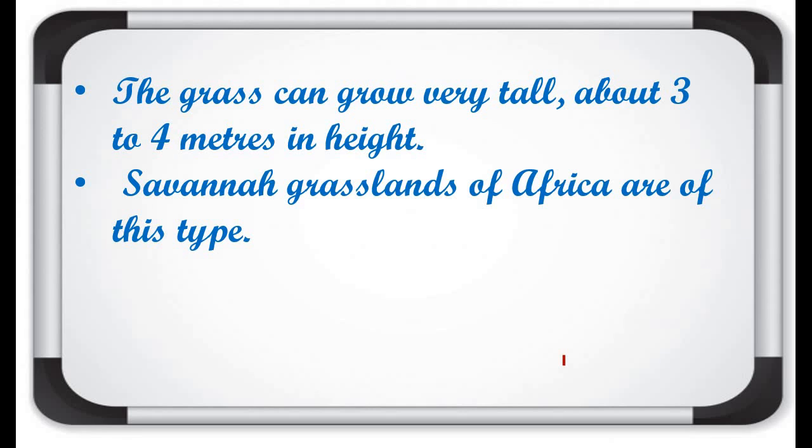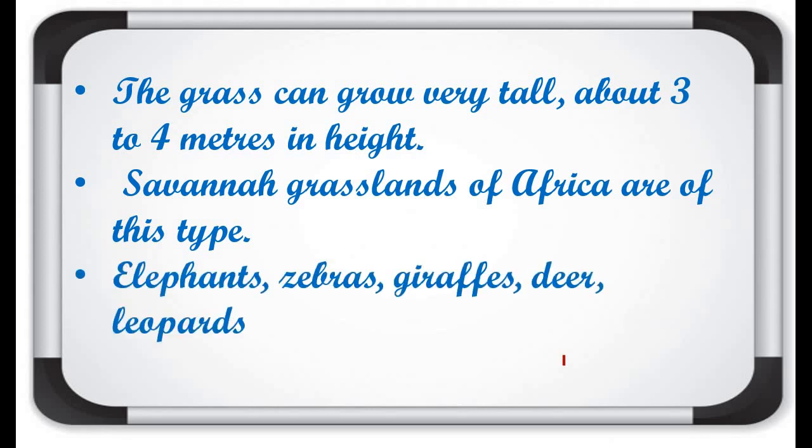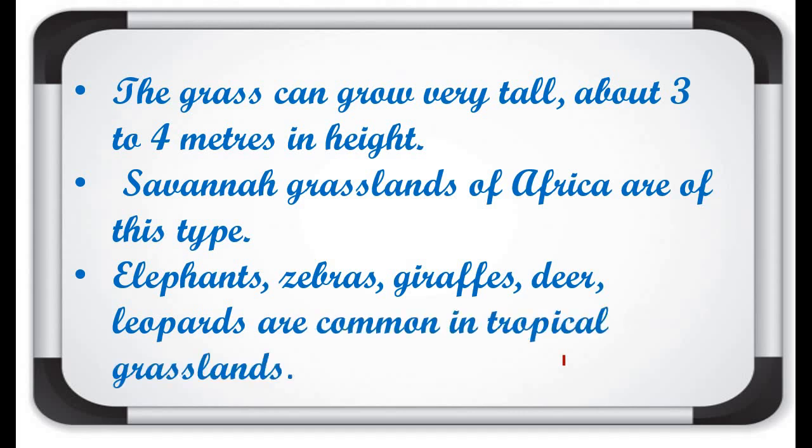In these grasslands, the common wildlife found includes elephants, zebras, giraffes, deer, and leopards. These are some common species of animals found in these tropical grasslands.